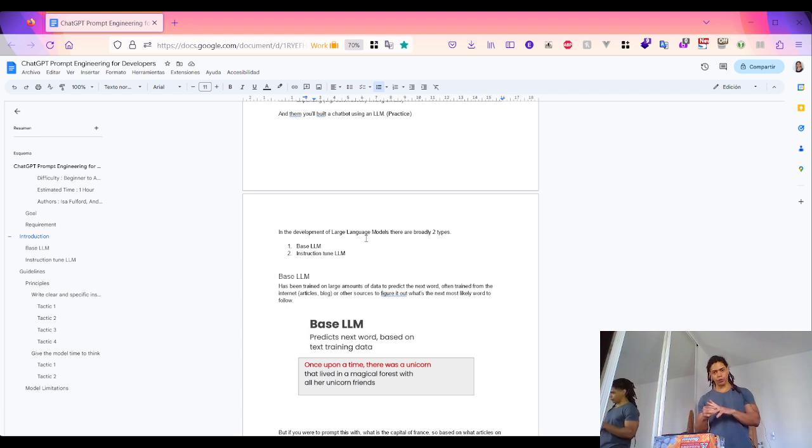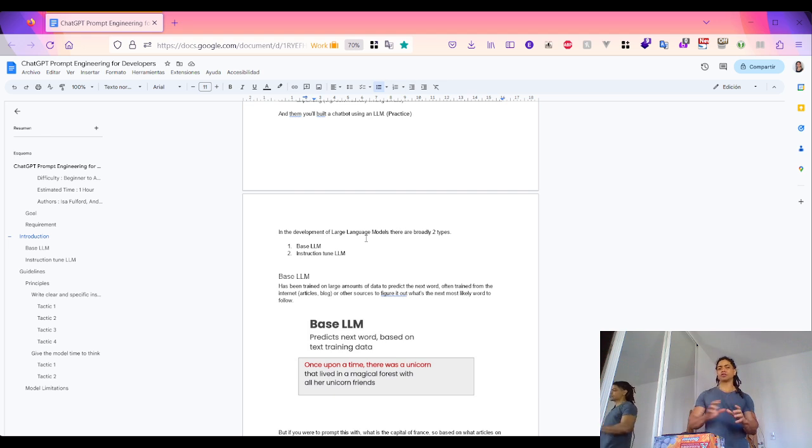In the development of LLMs, there are broadly two types: base LLM and instruction-tuned LLM. A base LLM predicts the next most likely word using training data. For example, if you prompt something like once upon a time there was a unicorn, the model will likely complete with that she lived in a magical forest with all her unicorn friends.